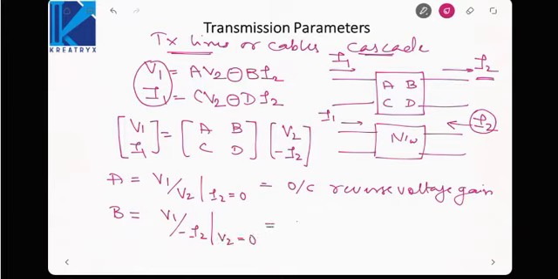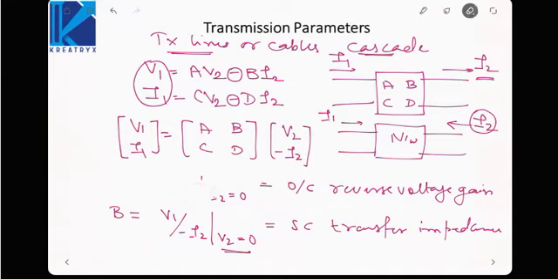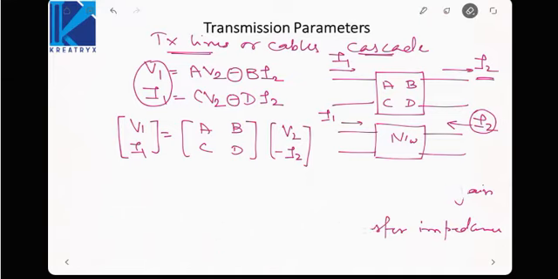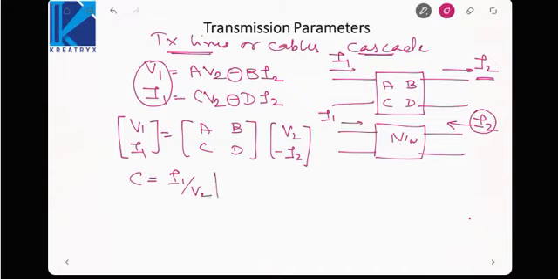So it is the short circuit transfer impedance. Why transfer impedance? Because it is the voltage of one port and the current of the other port. Why short circuit? Because V2 is 0. What about the parameter C? C can be written as I1 by V2 given that minus I2 equal to 0. That is equal to the open circuit transfer admittance.